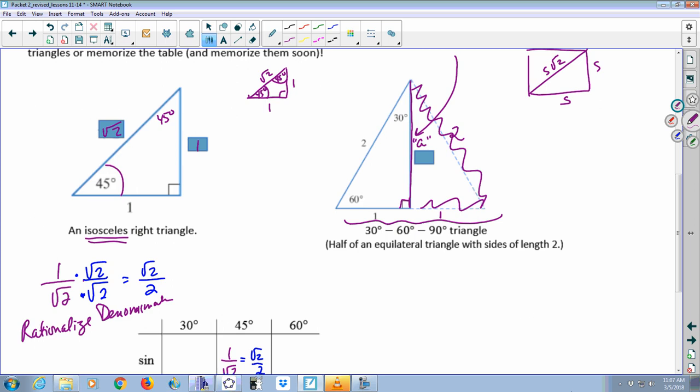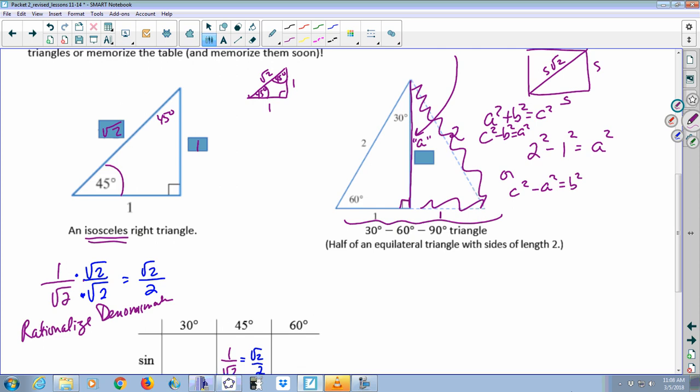So length A is going to be 2 squared take away 1 squared equals A squared. Because your Pythagorean theorem looks like this when you're solving for C, and if you solve for A or B, you do C squared minus B squared equals A squared, or C squared minus A squared equals B squared.